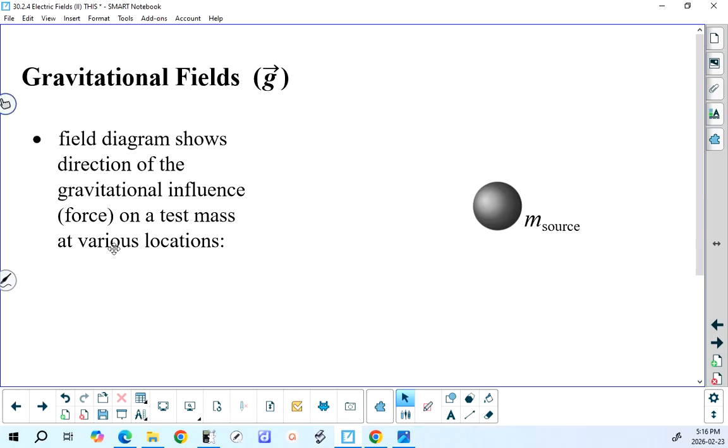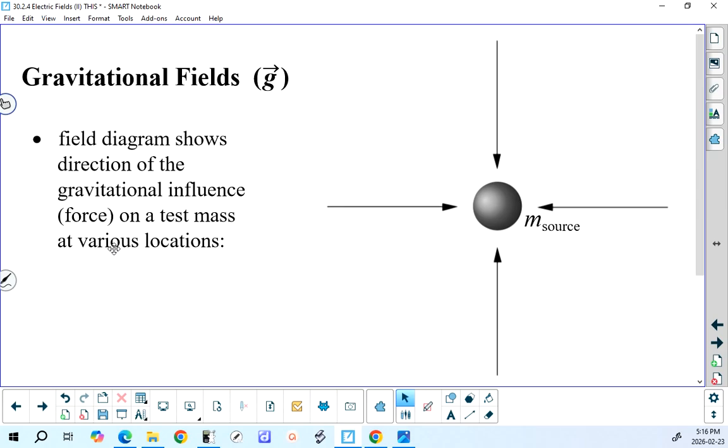So if I were to put a test mass at, say, the top of this screen, it would experience a gravitational force towards the source mass. And that means that's the direction of the gravitational field above this source. If I were to put a test mass below, it would experience a force upward. If I put it to the right, it would experience a force to the left.